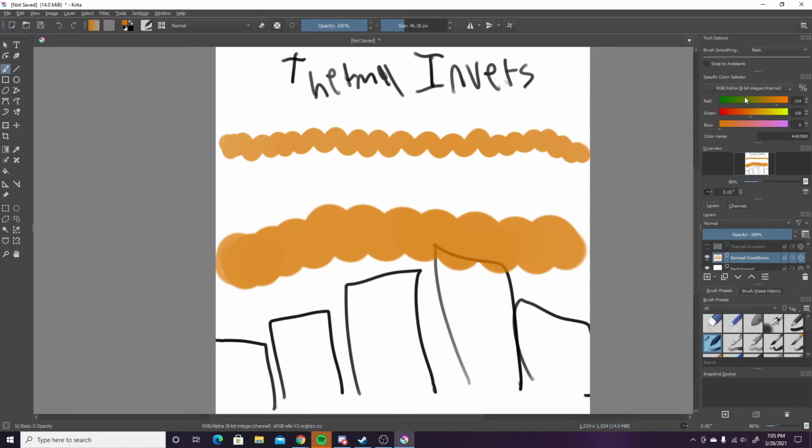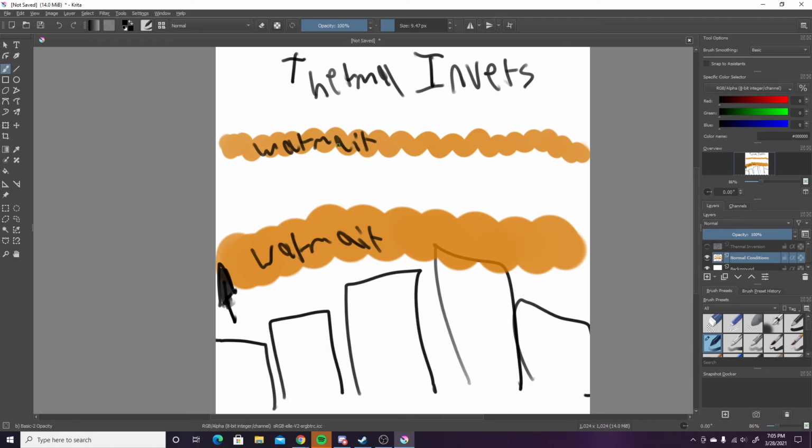So as the warm air is moving upwards, there's this pocket right here which does not move at all, alright?